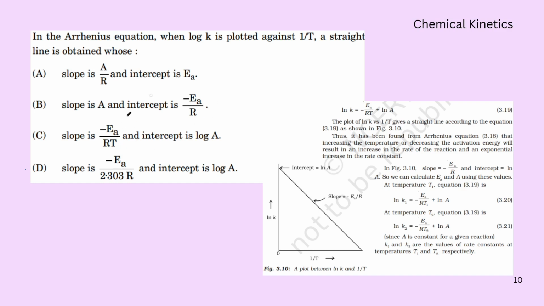You would assume one of these is right, but that's not the case, because the slope needs to be minus Ea by 2.303 into R, because we're considering log K. So you'll obviously have 2.303, and the intercept is log A.